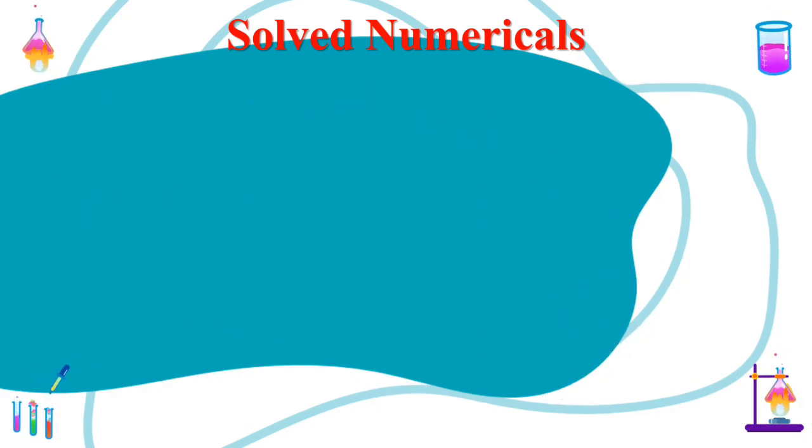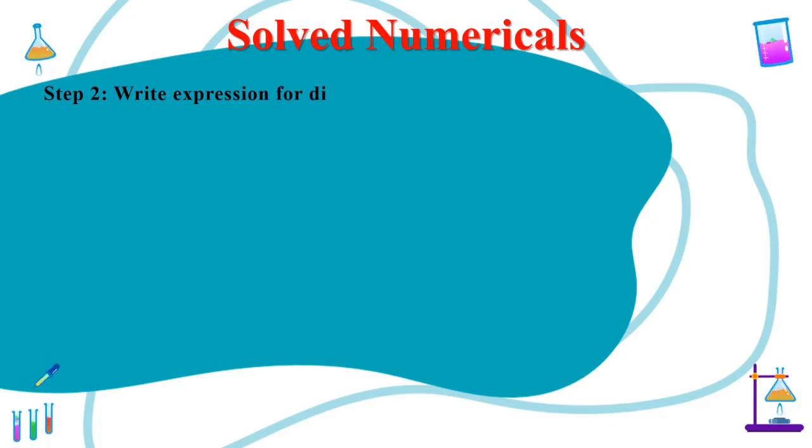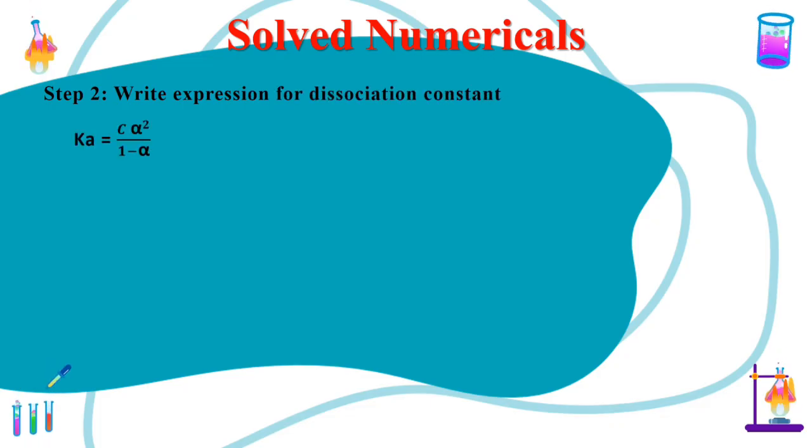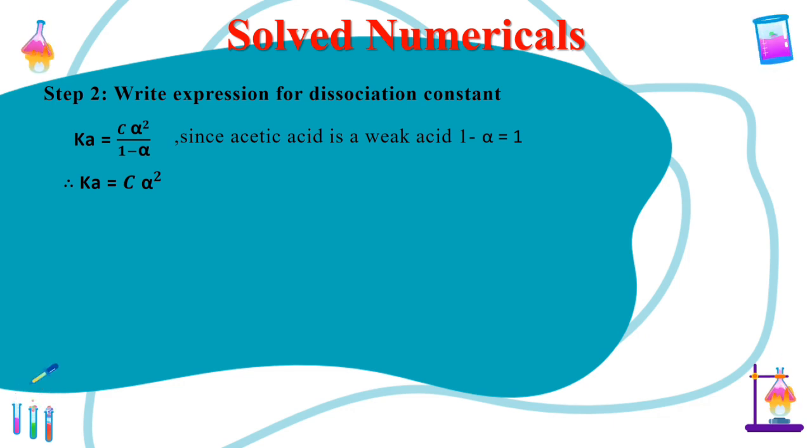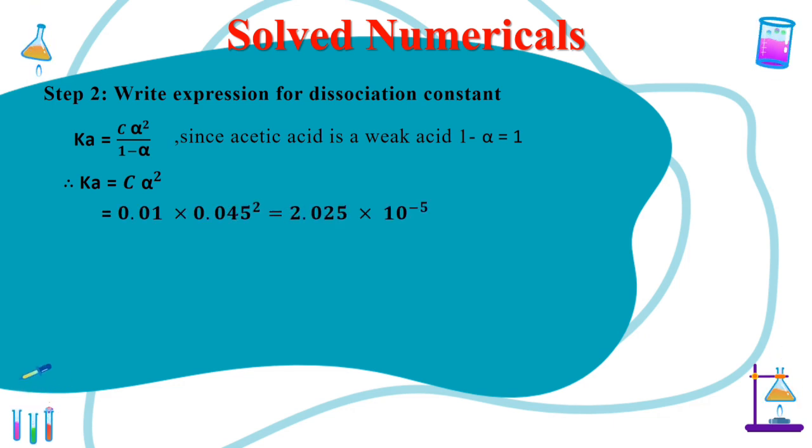In step 2, knowing the degree of dissociation, we can calculate the dissociation constant for acetic acid. Since acetic acid is a weak acid, its dissociation constant is given by the relation Ka equals C alpha square. By substituting the given values, the dissociation constant of acetic acid is calculated as 2.025 into 10 raised to minus 5.